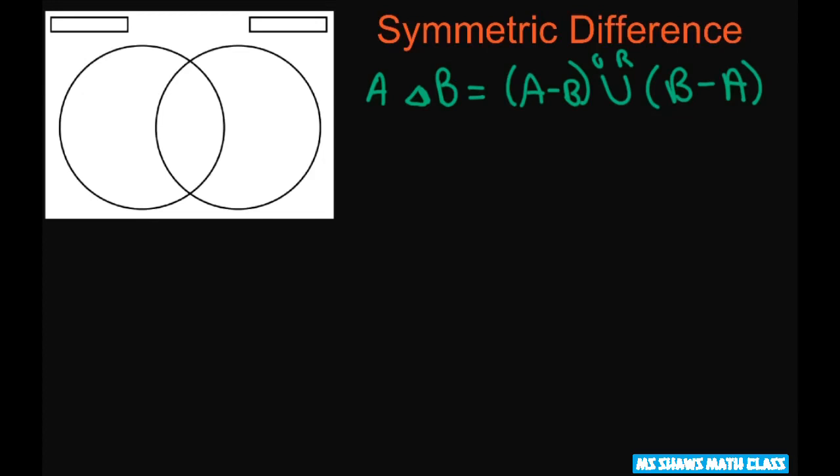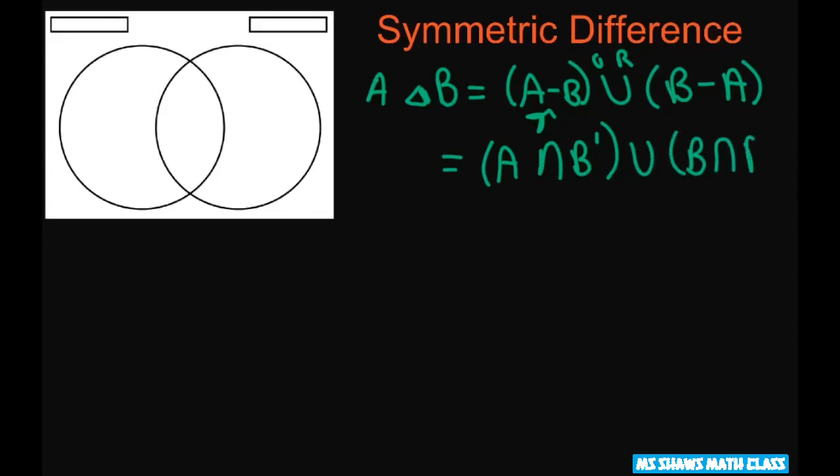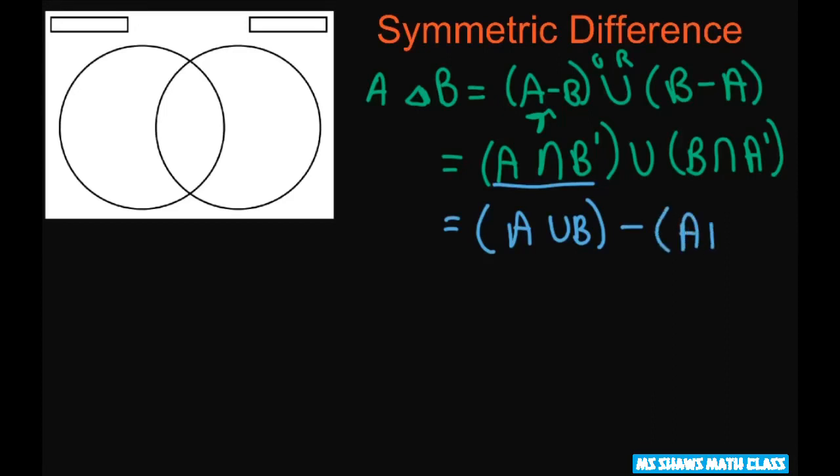So this equals A and not B, or B and not A. This simplifies to A or B, and then minus A and B. These two are equivalent.